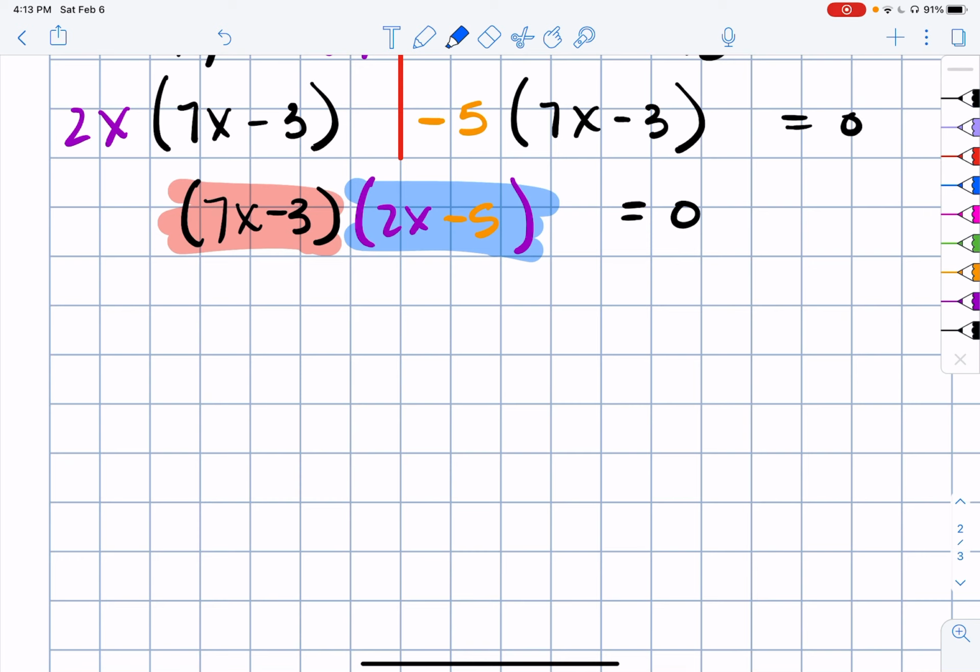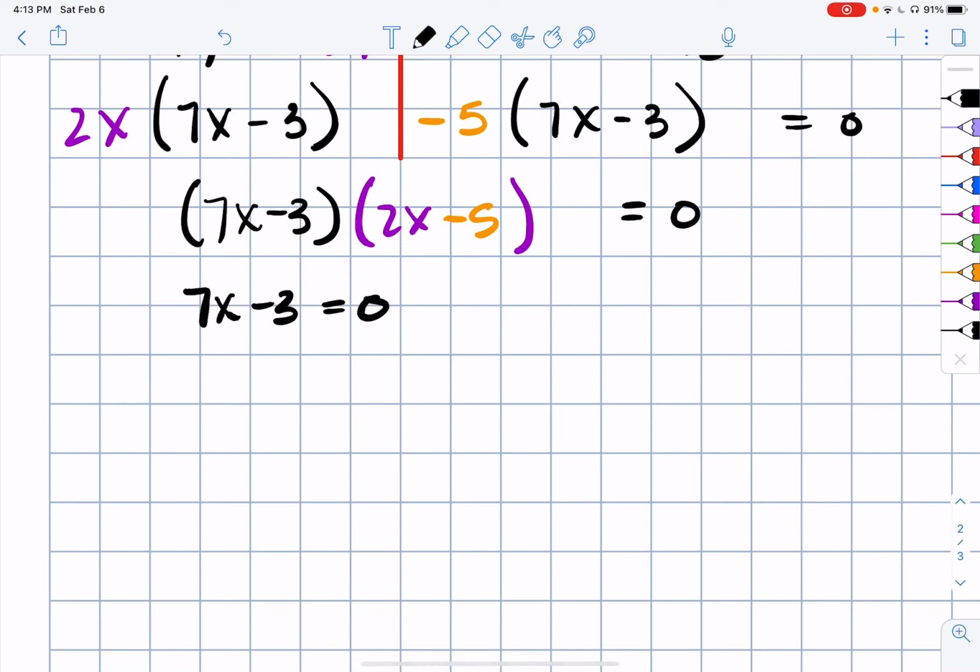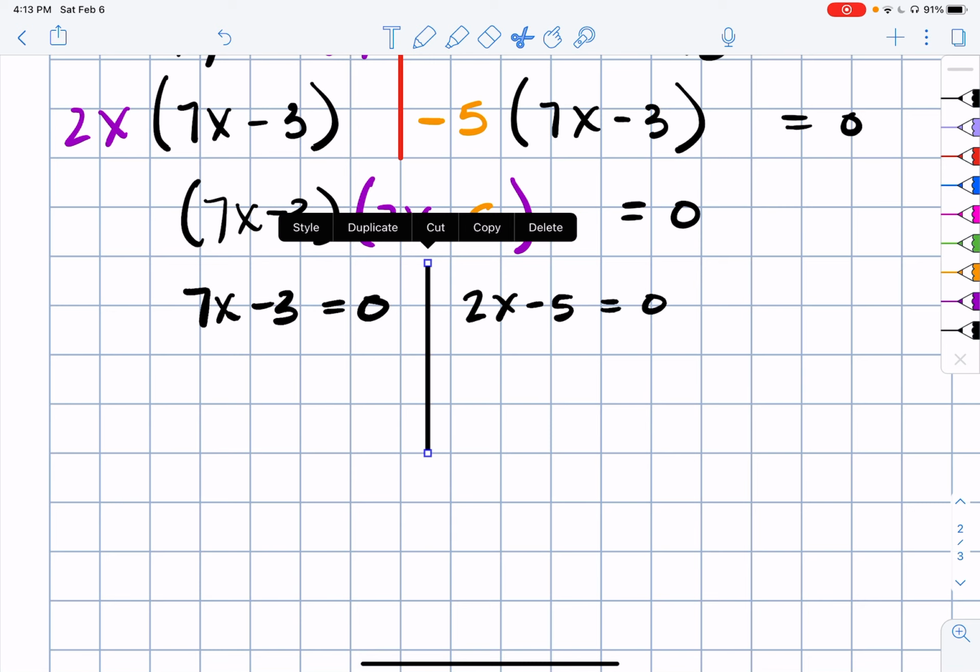That's the reason why I would take that 7x minus 3 and set it equal to 0, and then take the 2x minus 5 and set it equal to 0. So I set each factor equal to 0.